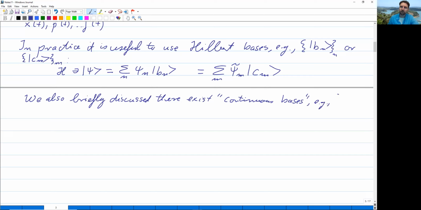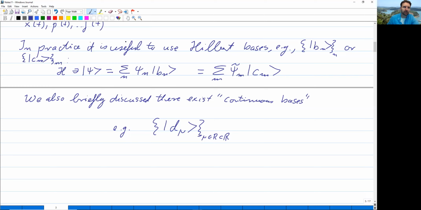We may call such a continuous basis a basis of vectors d with an index mu, and that index mu could be all values mu in some range R, which is a subset of the real numbers.